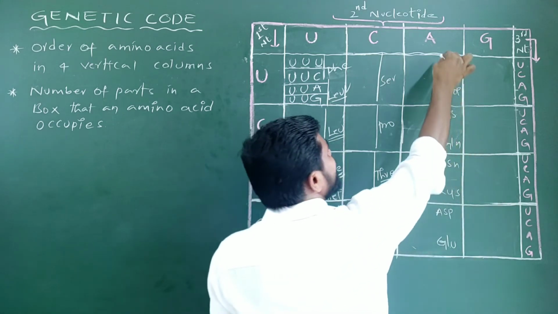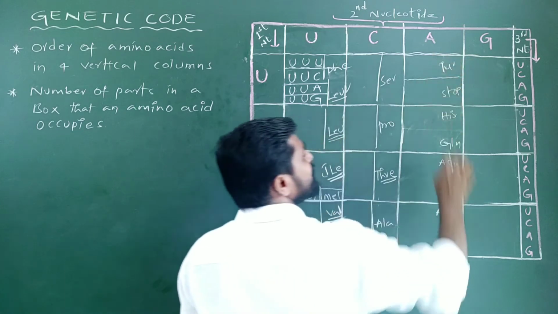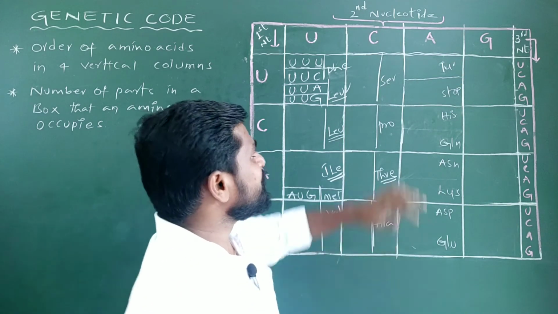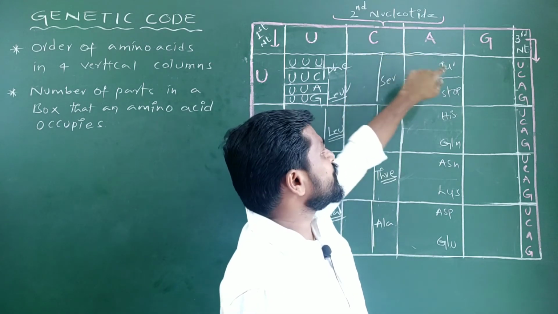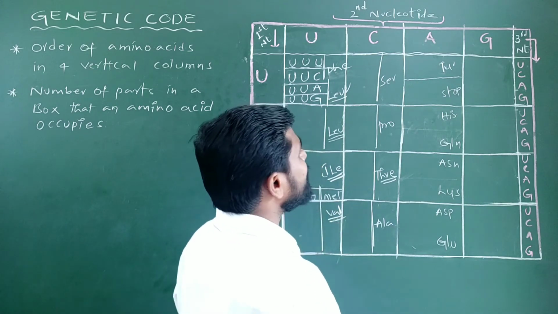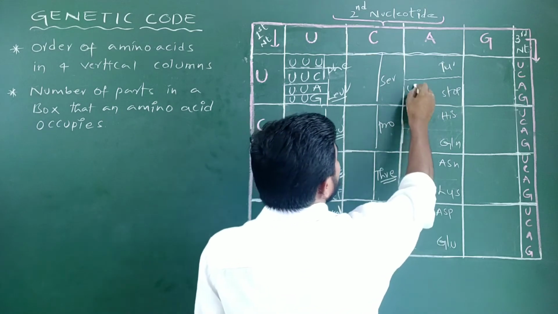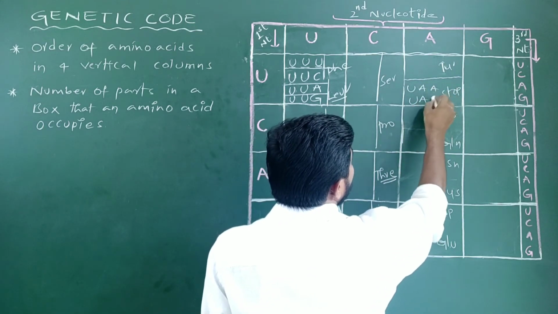Tyrosine is the amino acid which occupies the first half of this first box of the third vertical column, meaning the first two triplet codons in this box code for tyrosine, and the third and fourth triplet codons of this box are UAA and UAG.